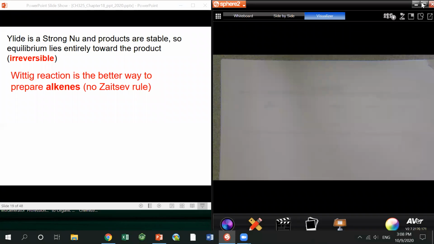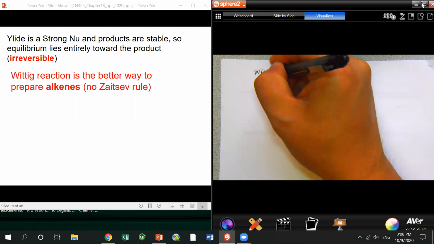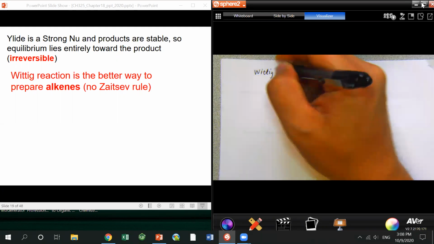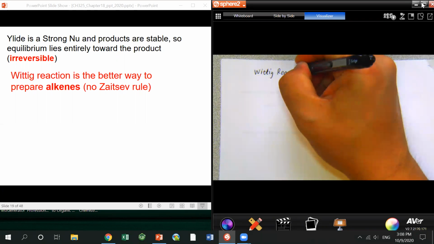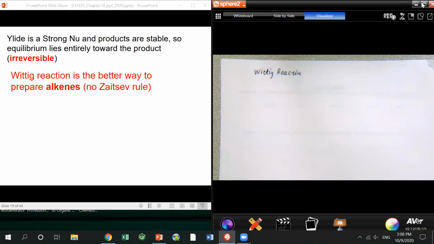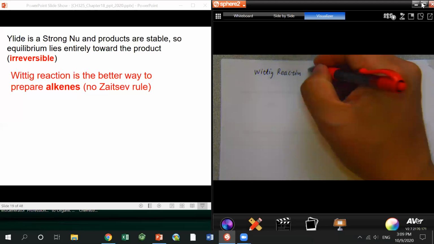So just keep in mind, for the Wittig reaction, because the ylide is a real nucleophile, it's very strong. So in this case, the Wittig reaction is irreversible. Normally speaking, if you have a Wittig reaction, it just goes straight until the reaction is finished. So irreversible.